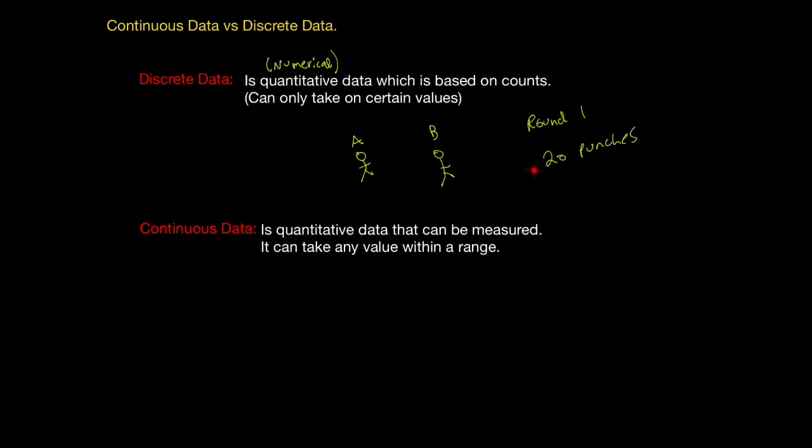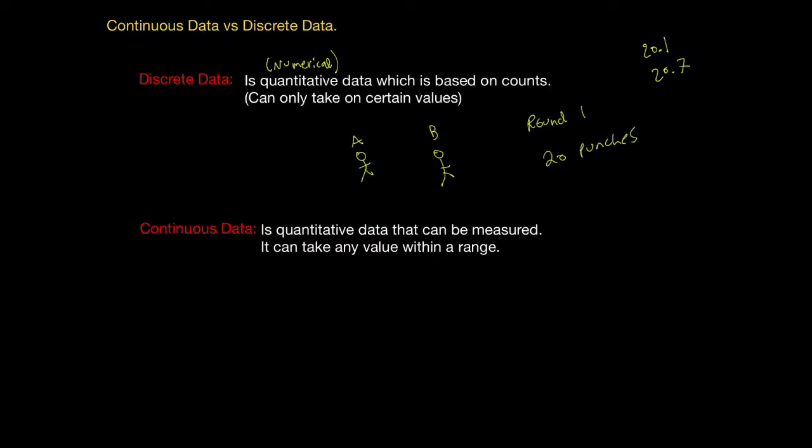Here we were able to count this. There's no such thing as a 20.1 punch, right? There's no such thing as a 20.7 punch. That doesn't count, right? There's no such thing. So here we want whole numbers, whole things that we can literally count with our fingers. So that's more or less what discrete means.